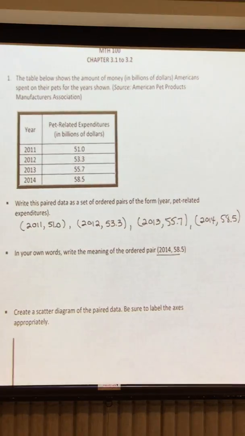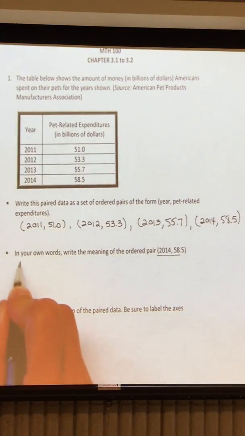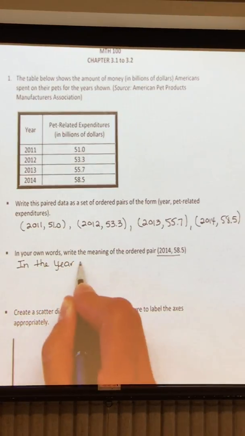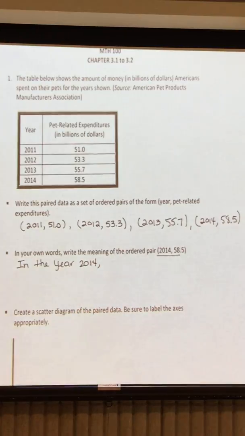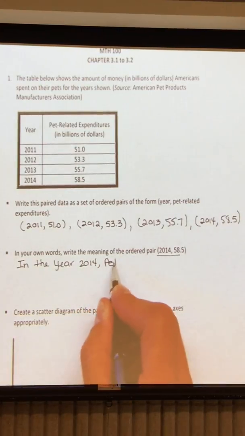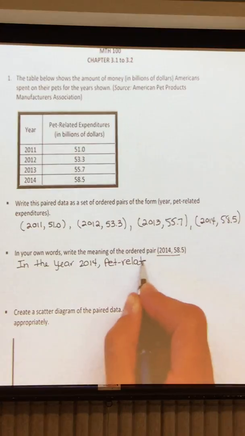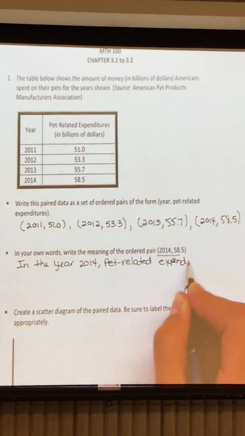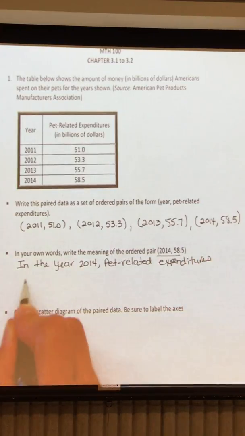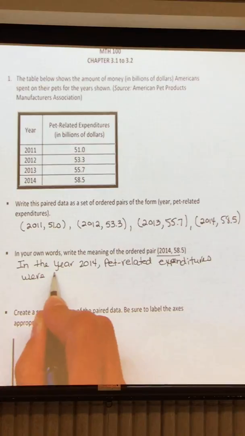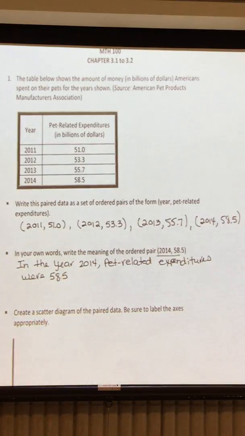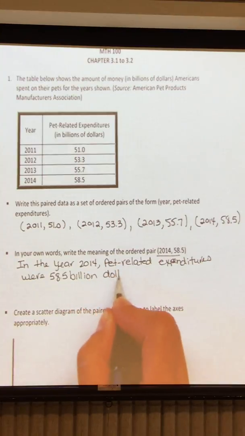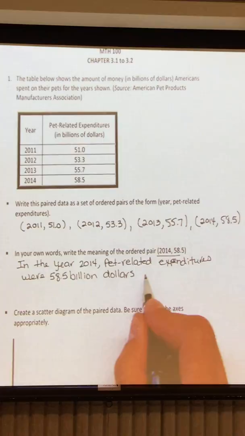So what this means is in the year 2014, pet-related expenditures were $58.5 billion, according to the table above.